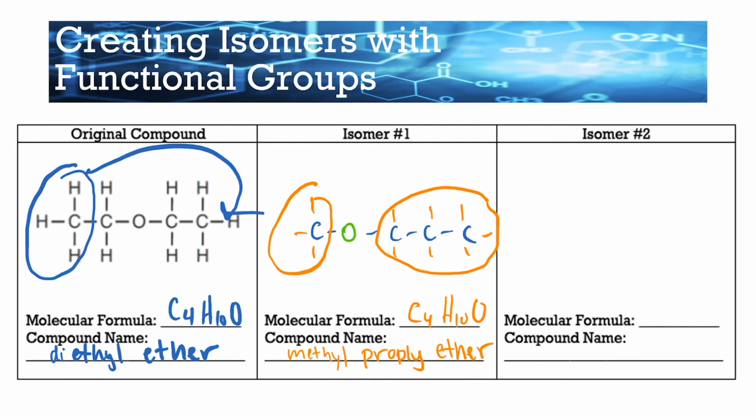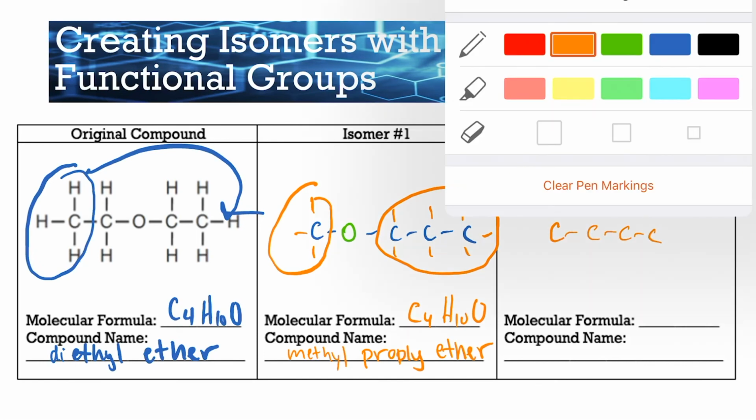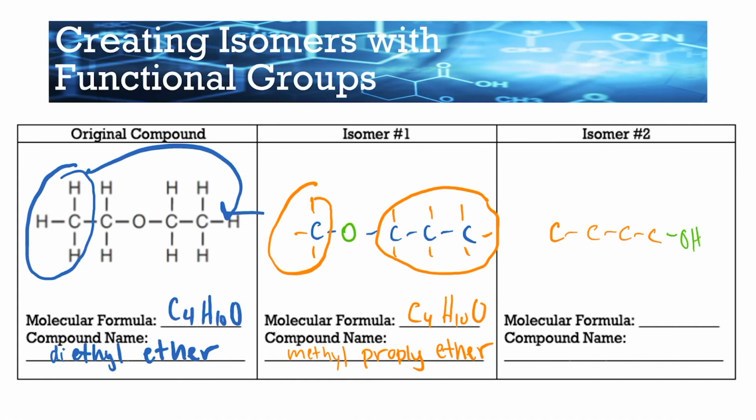One of the other things you can do is completely change the functional group, and we can go back to what we started with in the other question and have something that looks like this. So what I'm drawing is what we started with. Formula is still C4H10O, and this is 1-butanol.